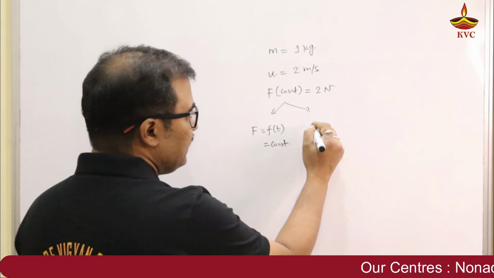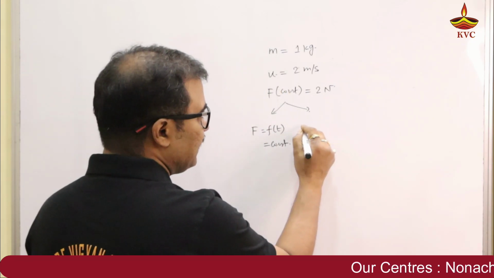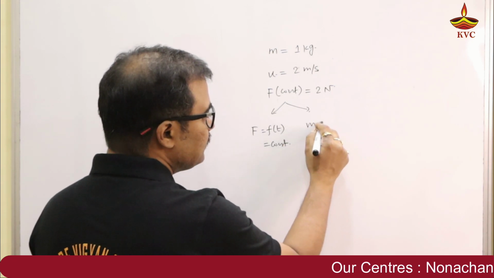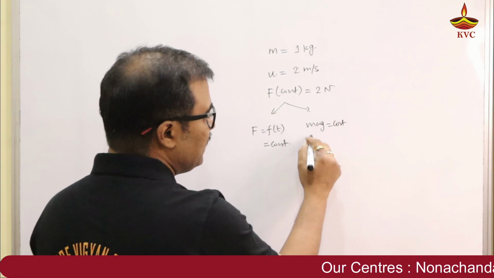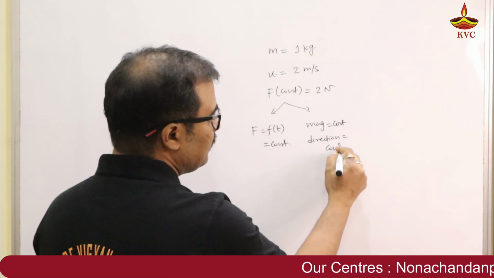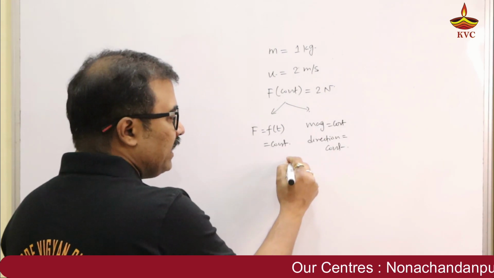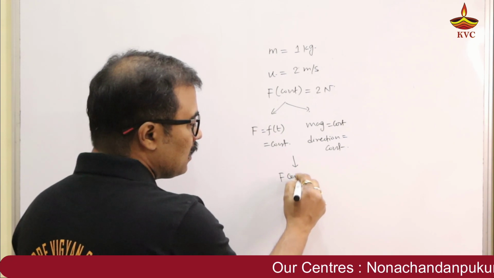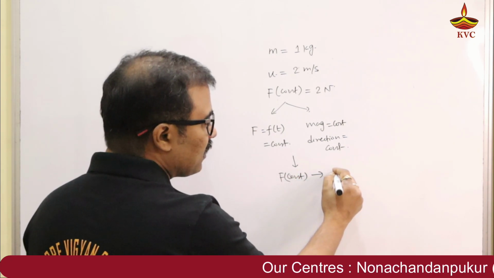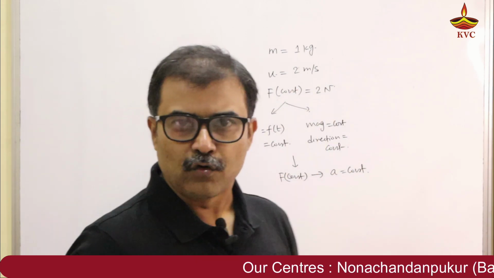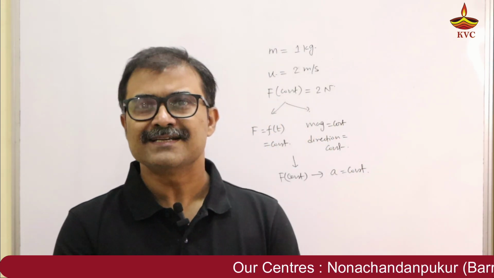If F is constant, its magnitude is constant as well as its direction. So invariably a constant force indicates a constant acceleration. A constant force will produce constant acceleration only, right?